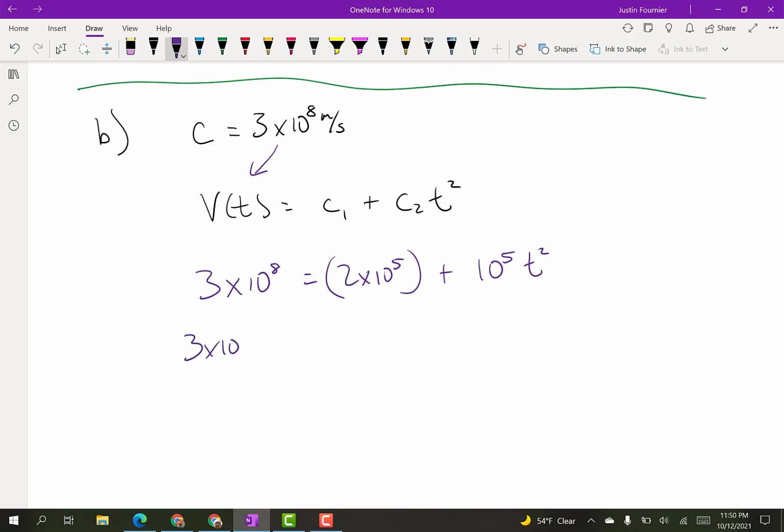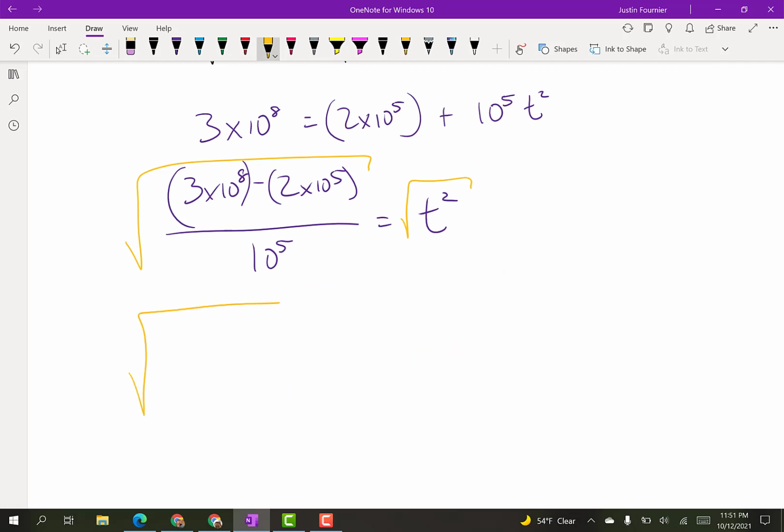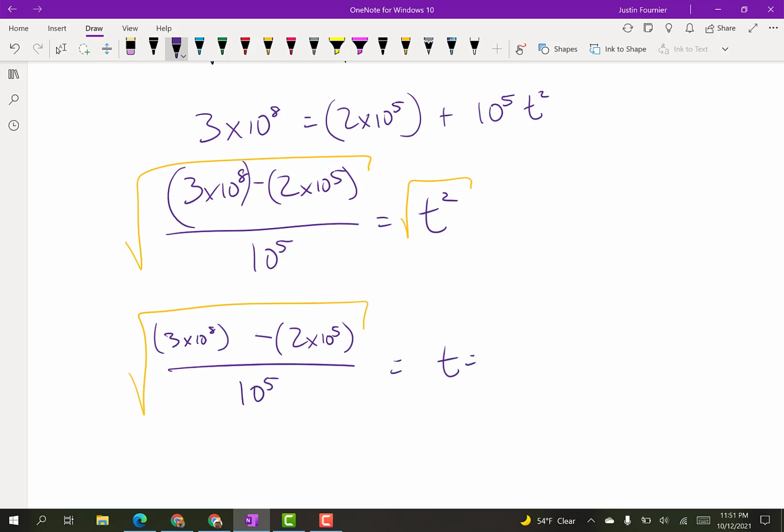So 3 times 10 to the 8 minus 2 times 10 to the 5. And then divide by 10 to the 5 equals t squared. I want to take the square root of both sides. So that'll give me the square root of 3 times 10 to the 8 minus 2 times 10 to the 5 divided by 10 to the 5. That'll give me my time.